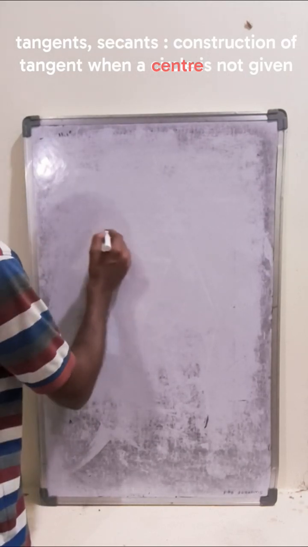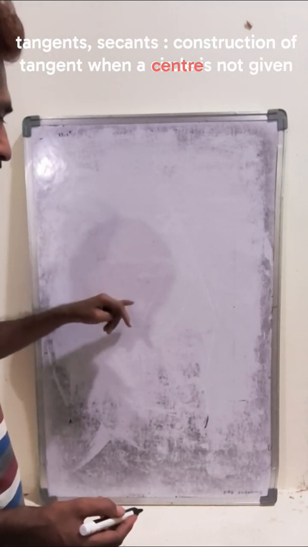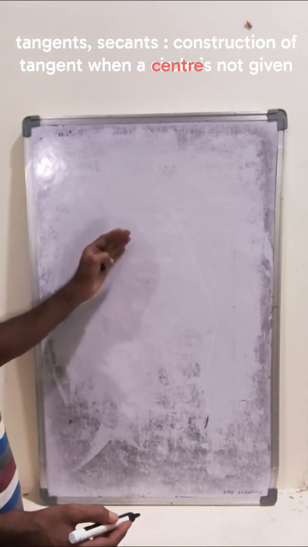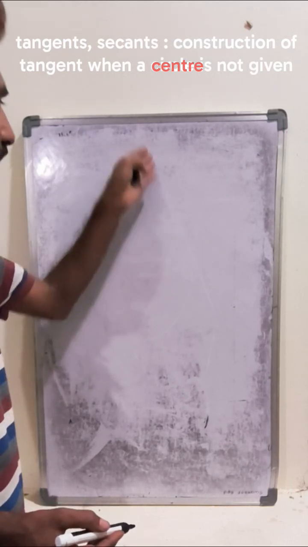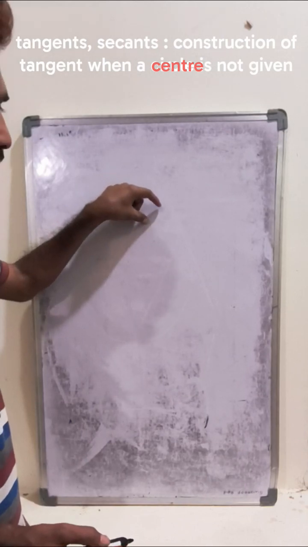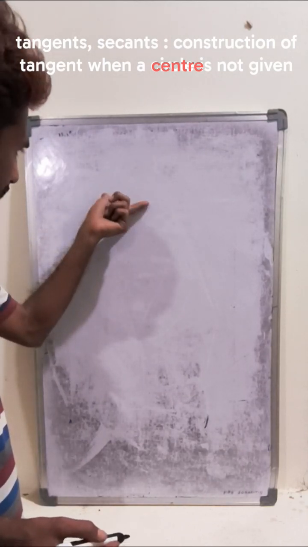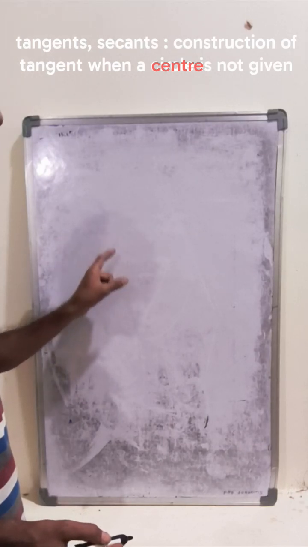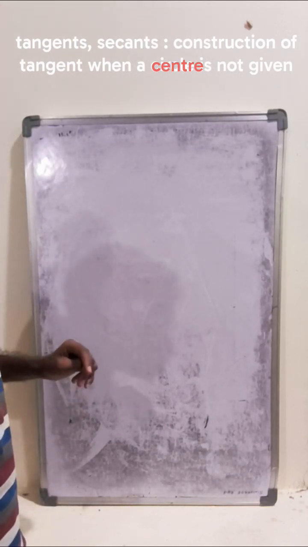It explains the relation between the alternate segment angle and the angle which is forming between the chord and tangent in the segment. The angle which is forming between the tangent and chord, and the angle which is forming between the chord in the alternate segment, those two are equal.